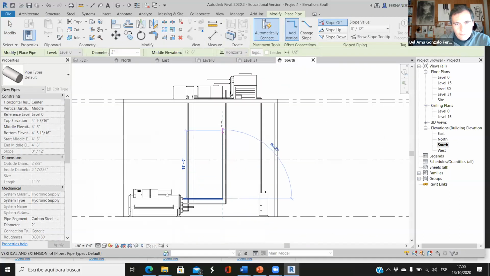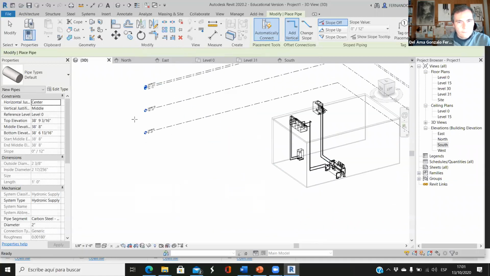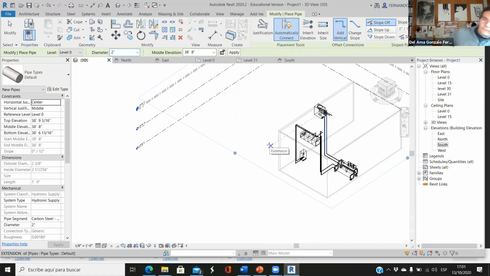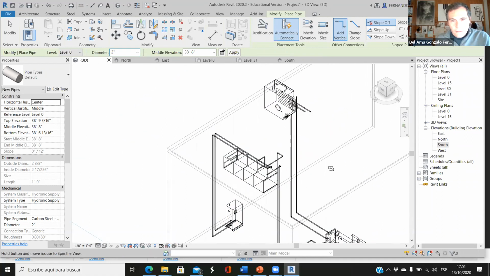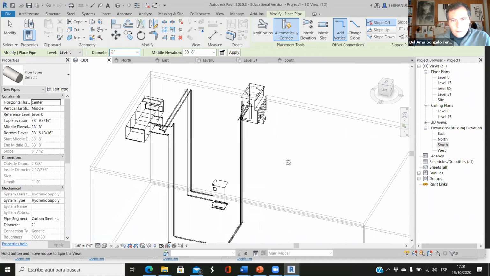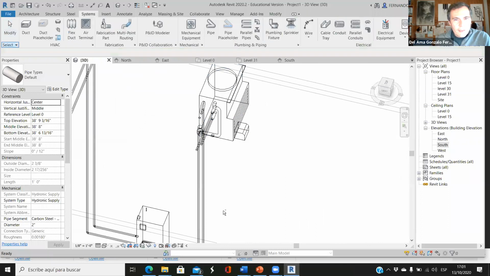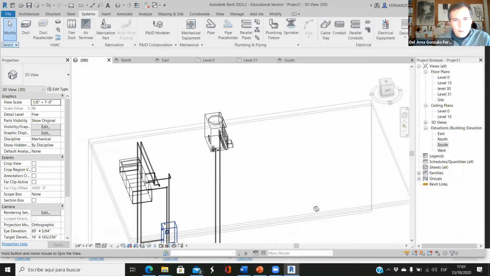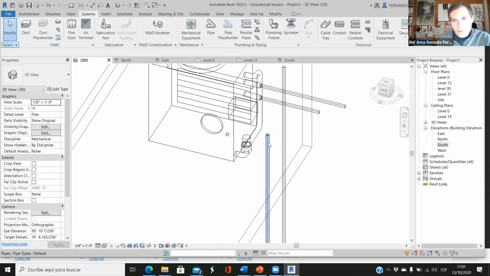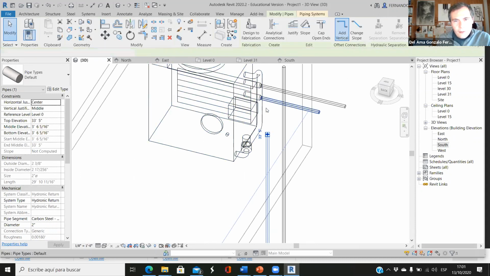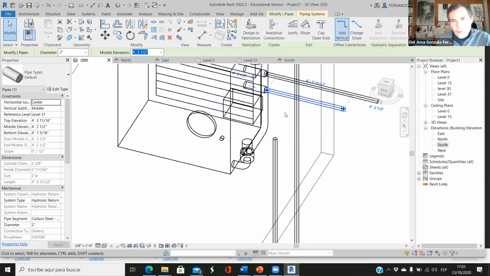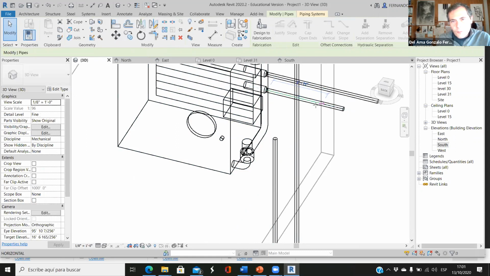We have to go up. Okay, so there are 2 pipes here and 2 pipes there. So we need to connect the return to the return and the supply to the supply. This is return and this is return. Okay, so we have to connect these 2 pipes here.